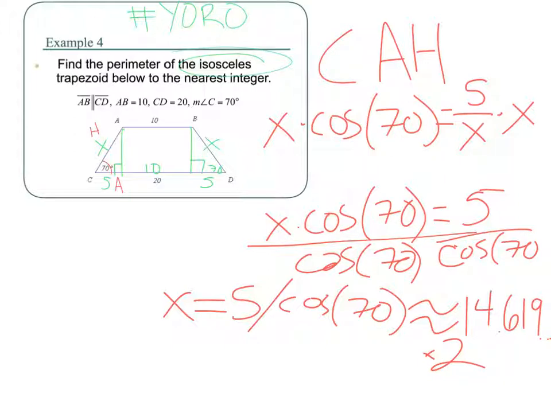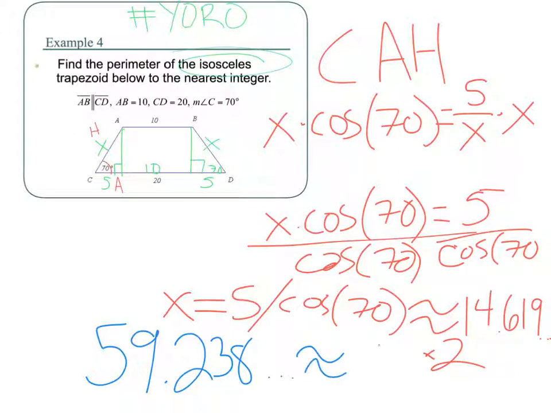So we're adding those in, and I get, as my final answer, 59.238, and so on and so forth, which is 59. That is to the nearest integer for my final answer.